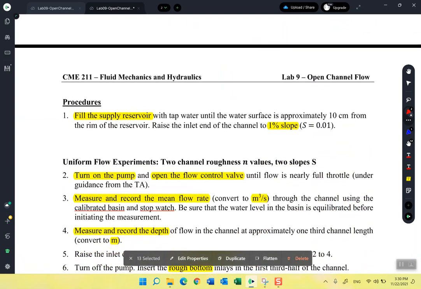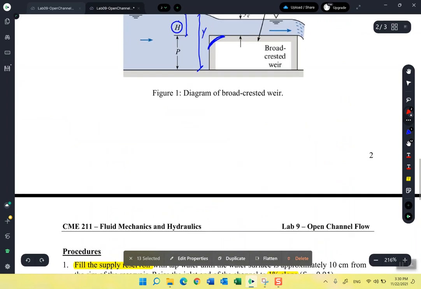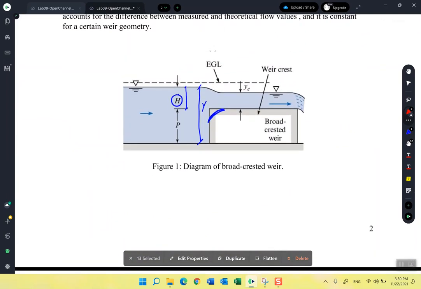So before going any further into the procedure itself, let me explain two things. The first one is how we are going to calculate the water depth, and the second thing, the concept behind our experiment.